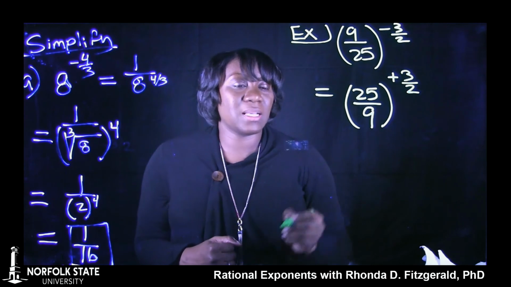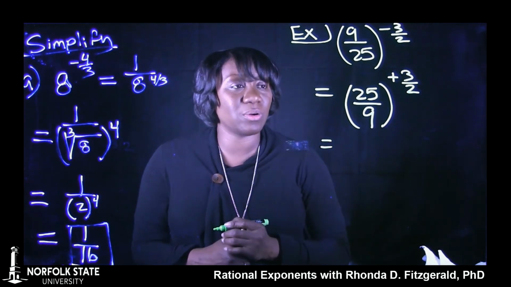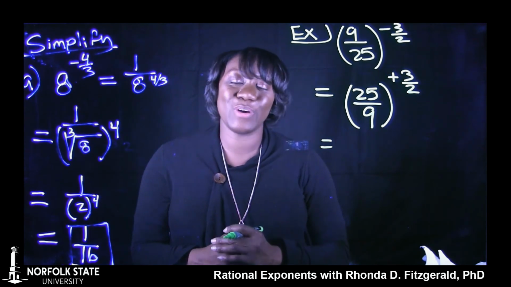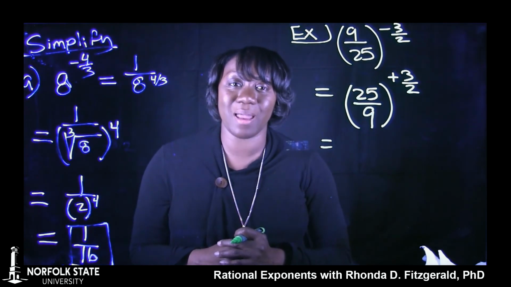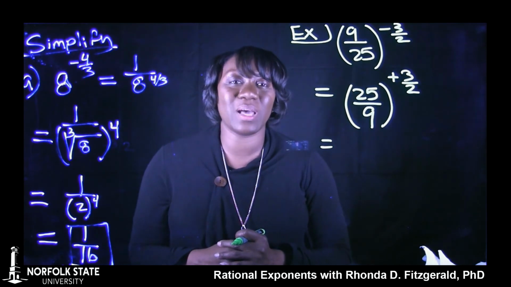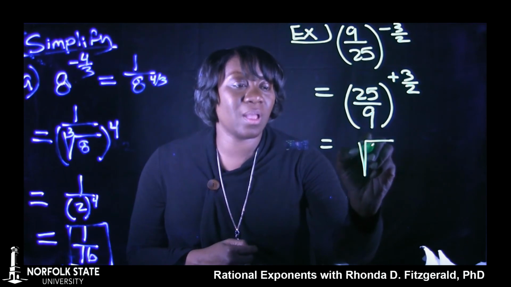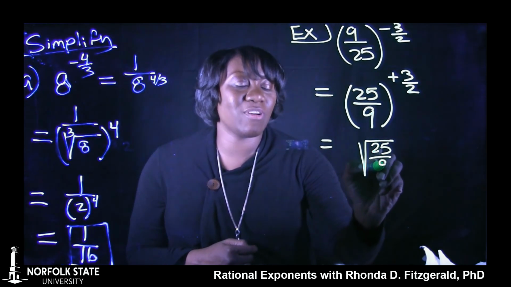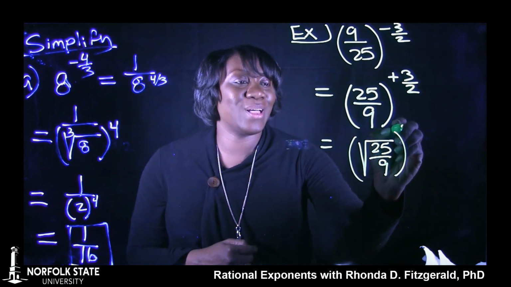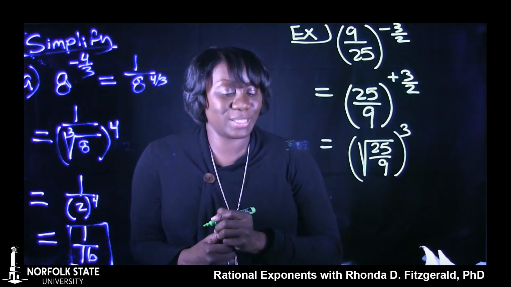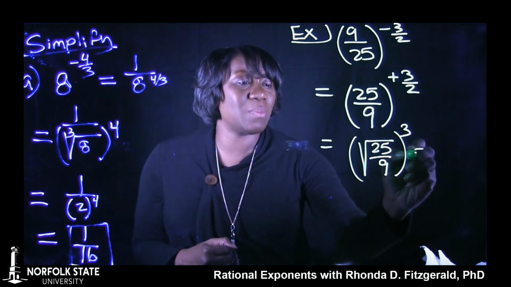power. So now I'm going to write my radical notation. Recall which one is going to be our root. Our root is at the bottom, the denominator. So we want the square root of 25 over 9, and then I want to raise that to the 3rd power. Great. A couple more steps and we're almost done.